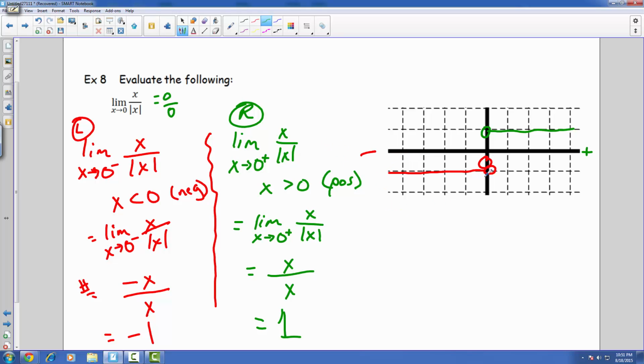Now, because we see this jump happening to the left of 0 and to the right of 0, there's no smooth transition between these two limits, so that limit simply would not exist.